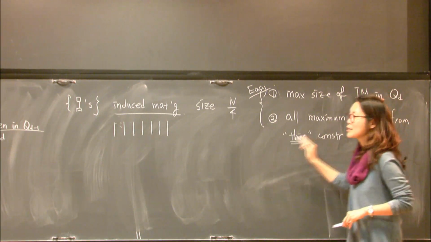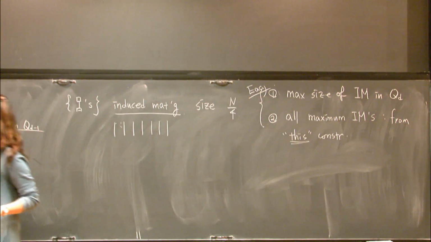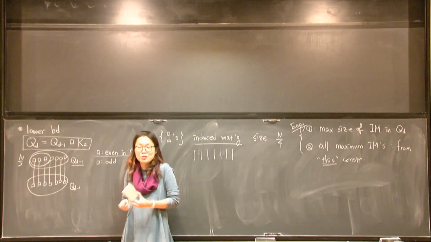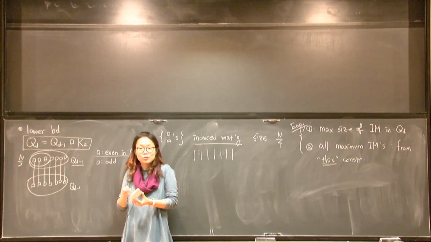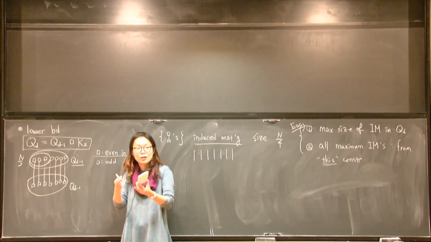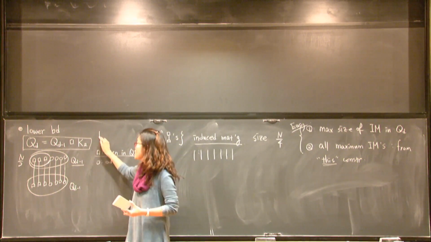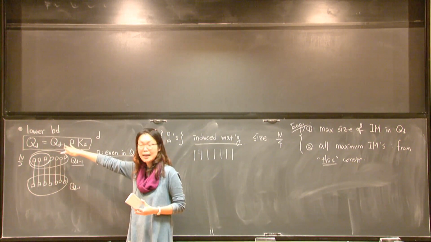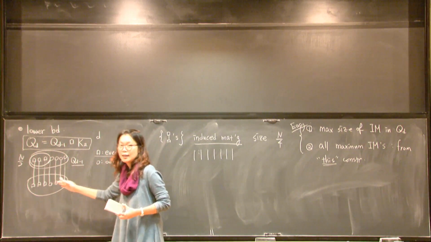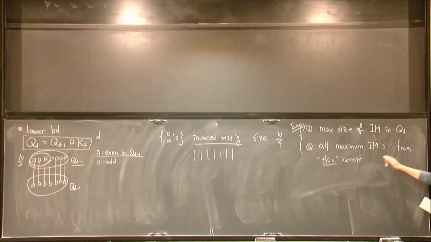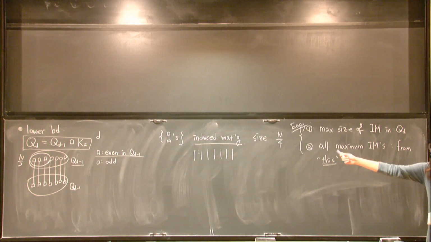So here, this means this. We choose one way to decompose, and how many ways of decomposition are there? This is the Hamming cube of dimension d, so there are d directions, so there are d ways to choose this decomposition, and then we choose one parity. And I claim, this is an easy fact, that all of the maximum induced matchings are gotten by this construction.